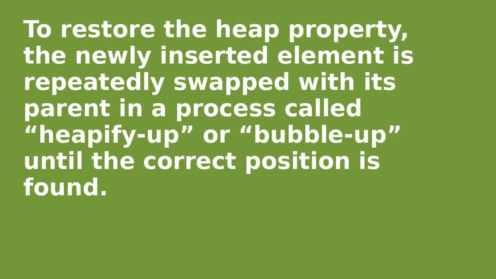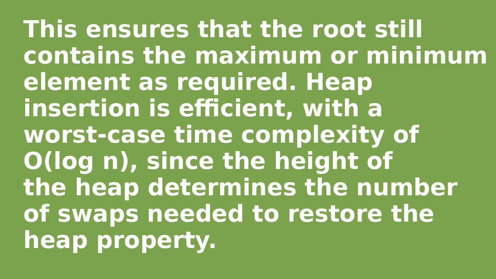To restore the heap property, the newly inserted element is repeatedly swapped with its parent in a process called heapify up or bubble up until the correct position is found. This ensures that the root still contains the maximum or minimum element as required. Heap insertion is efficient, with a worst-case time complexity of O(log n), since the height of the heap determines the number of swaps needed to restore the heap property.